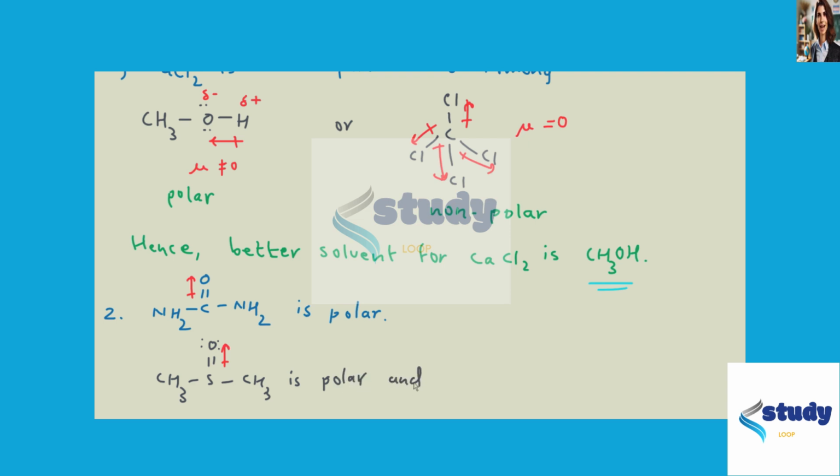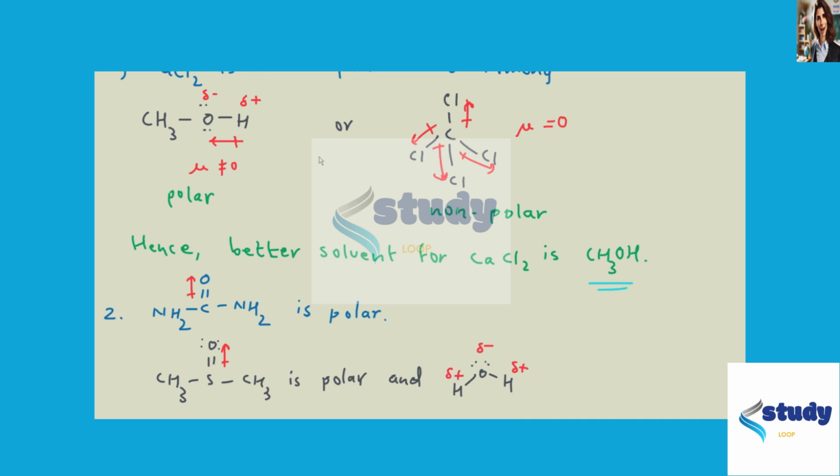and H2O. So let me draw the structure for H2O, that is water, again. So we have a structure like this. Okay, so now here we have oxygen which has a partial negative charge over itself, and hydrogen which has a partial positive charge.